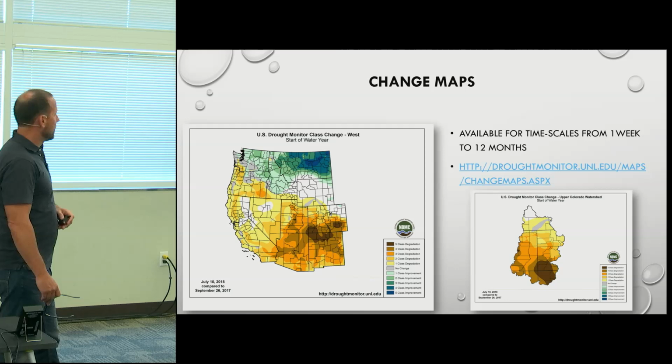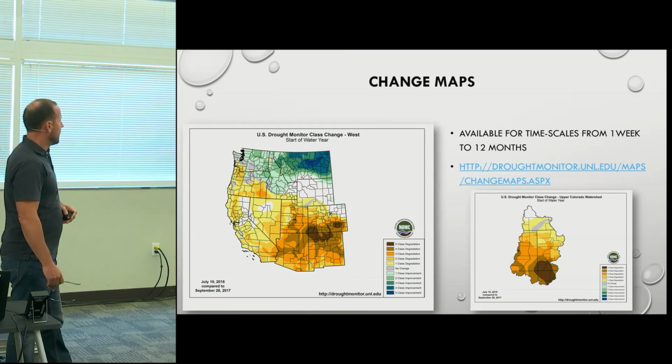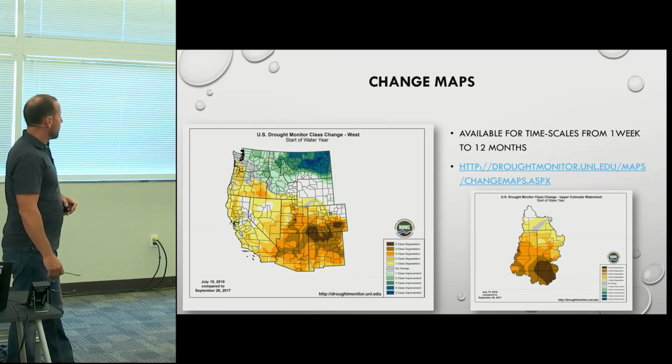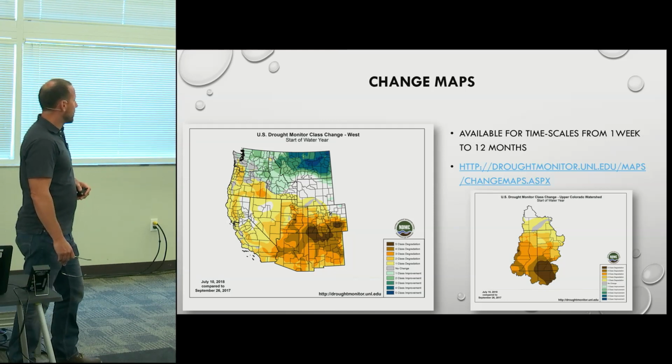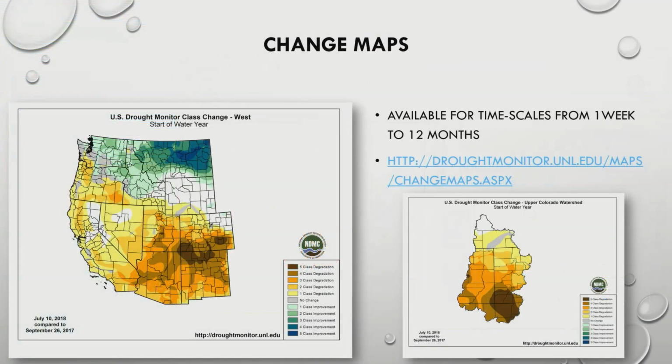You can obviously see the warmer colors in the southwest, where we've had all the drought development, and up in the northern Rockies and Pacific Northwest, where we've had improvement in conditions since the beginning of the water year. You can also make these change maps by a variety of different spatial measures as well. On the bottom right there, you've got the upper Colorado River Basin.